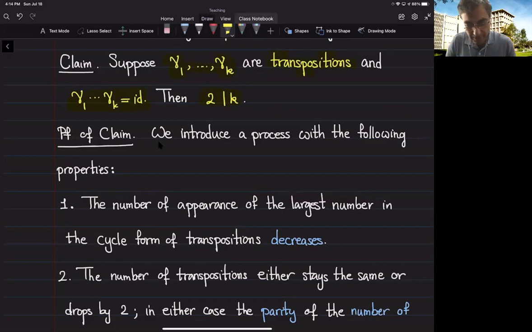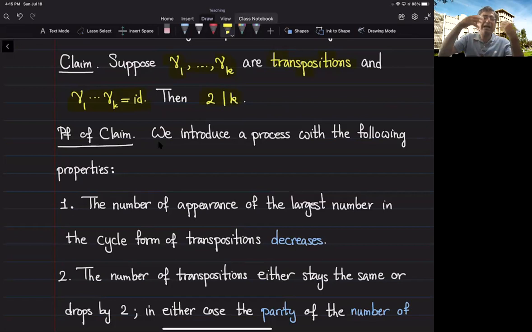Okay, so let's again think about the process. I'm going to introduce a process through which I'm going to change these transpositions, gamma sub i's. I'm going to change them with the following. I'm going to change the transpositions, but still get that their product is identity. So I'm going to introduce new transpositions through which their product will still be identity. The number of appearances of elements in the gamma i's will get reduced, and therefore at some point those numbers will disappear.